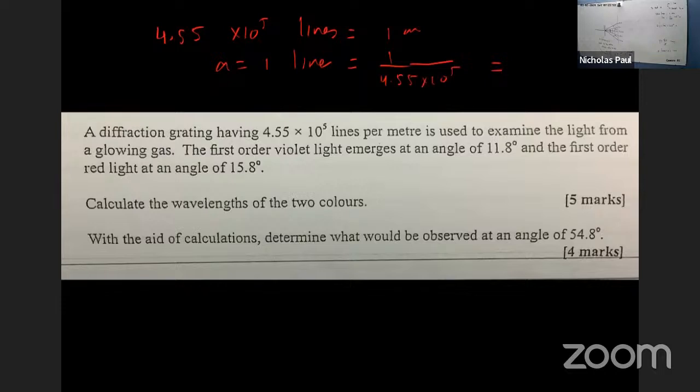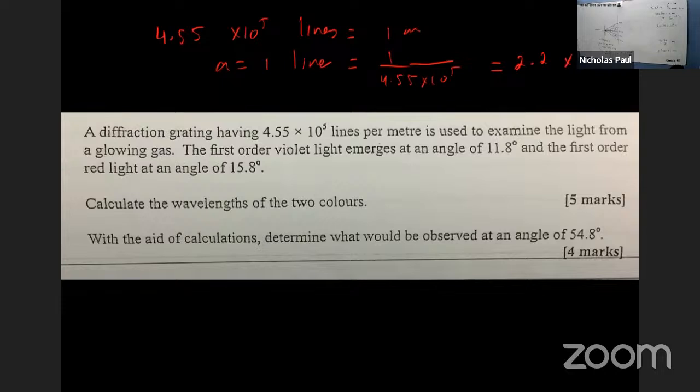How much is that? 2.2? All right, 2.2 by 10 to the minus 6. Remember, I told you A is very small. So it can't be 10 to the 5. The diffraction pattern will not be observed, right?